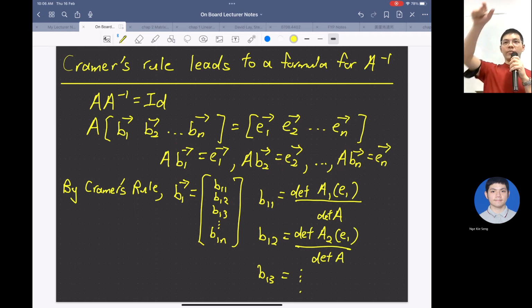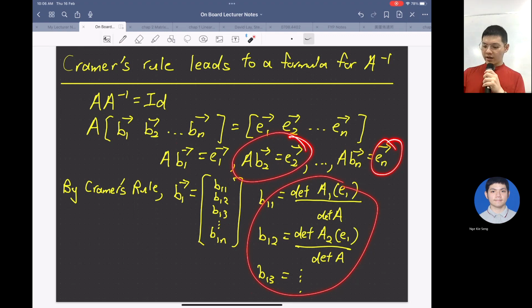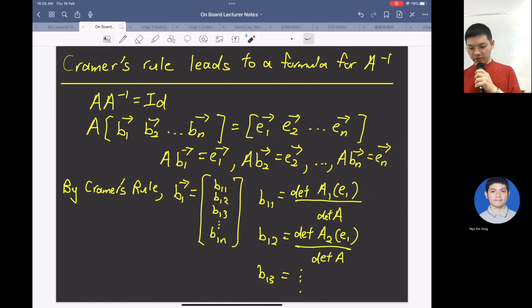So you can compute the whole row. Is everyone following? Then repeat for a different E2, up to EN, and so on.